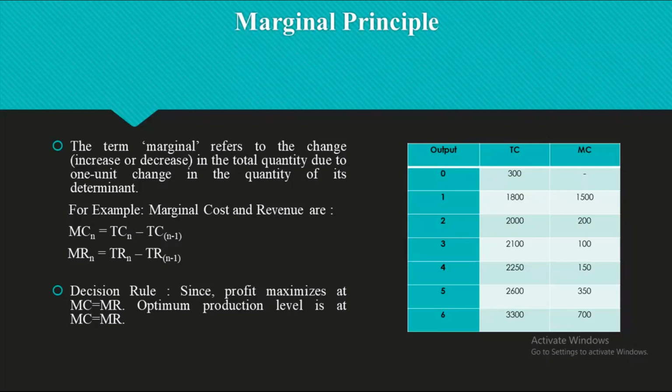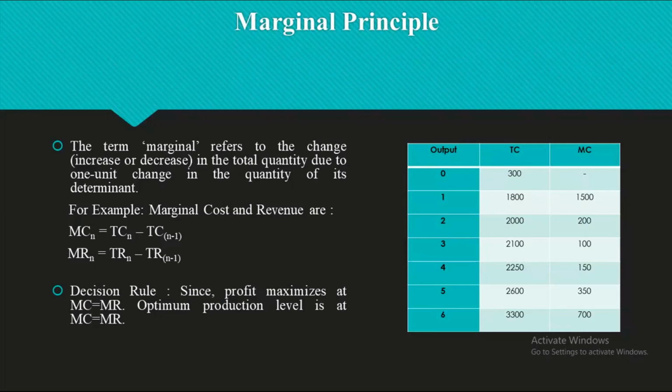These things we will discuss in detail when I am teaching you about markets and various types of market. So as of now, I'll simply tell you that when marginal cost is equal to the marginal revenue, when both these things are equal, that is the point, the break-even point you can say, where the profit is maximum.